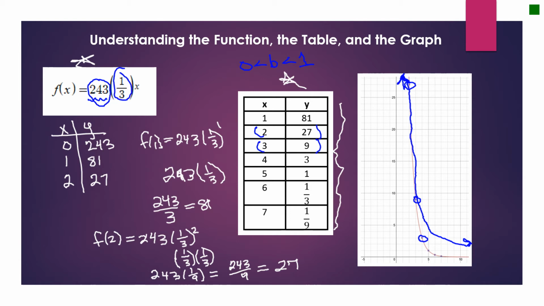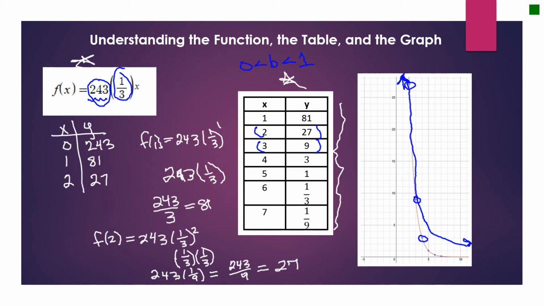If I plug 1 in there, then f of 1 would be 243 times 1/3 to the power of 1. Well, 1/3 to the power of 1 is just 1/3, so 243 times 1/3 means 243 over 3, which would be divided, and that's 81. So if I plug 1 in for x, I get 81.